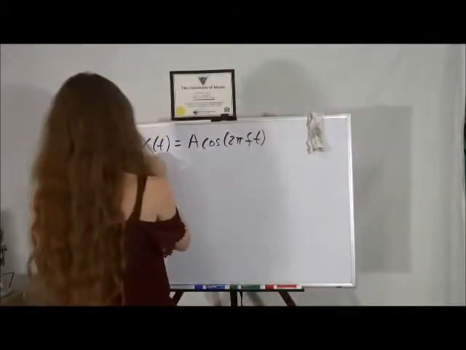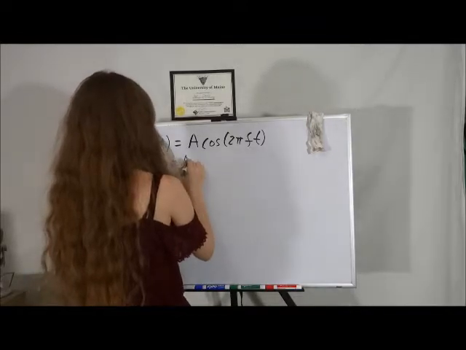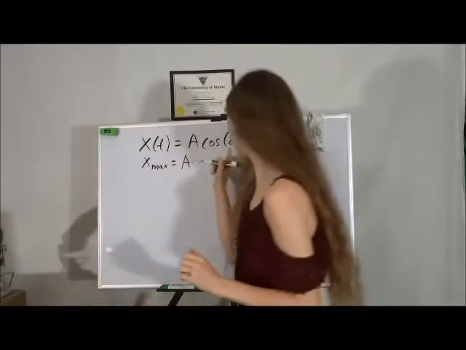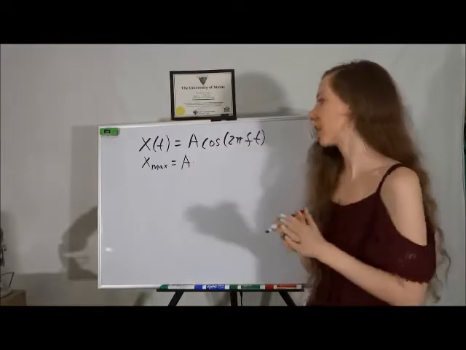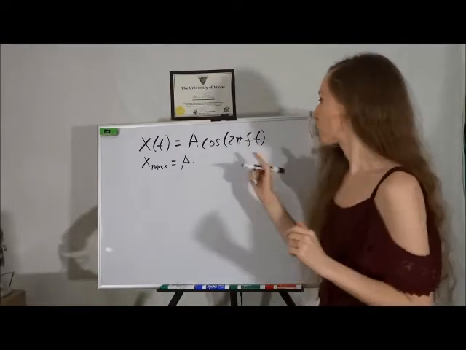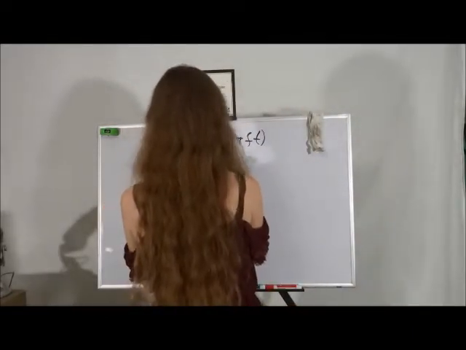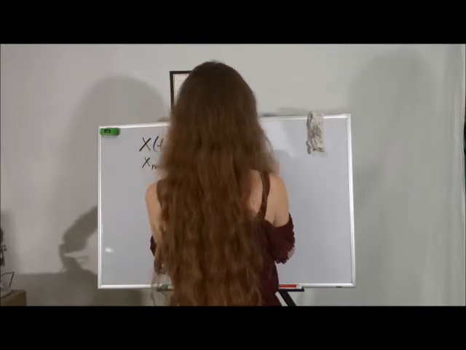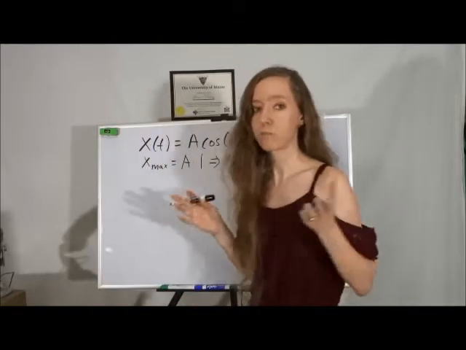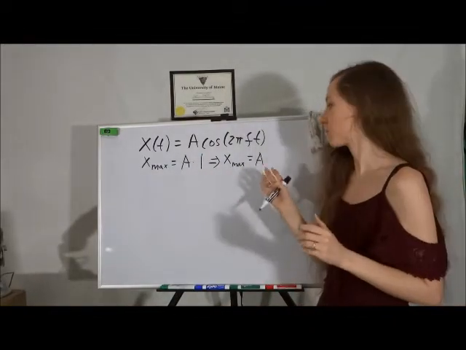So x max, we're going to have A. Now, what is the maximum value that cosine can take on? The maximum value cosine can be is 1. So we're just going to have A times 1, which means that our maximum displacement is going to be our amplitude, which makes sense because definitionally the amplitude is the maximum displacement for simple harmonic motion.